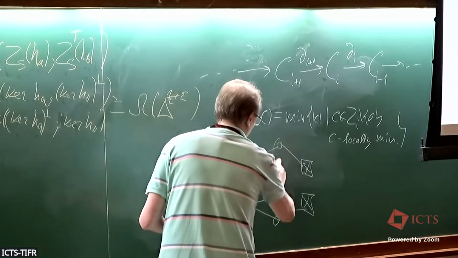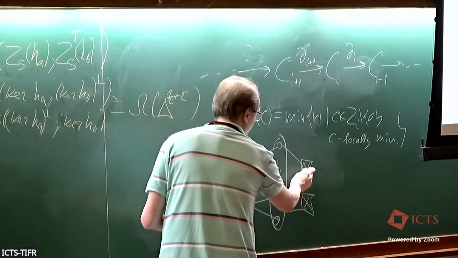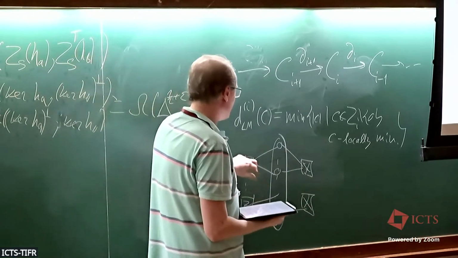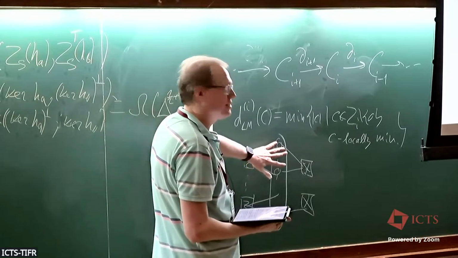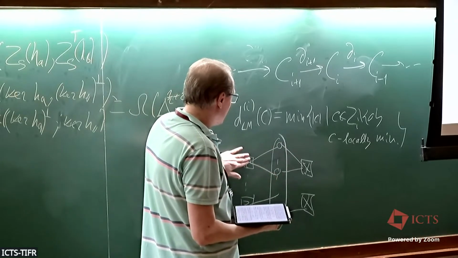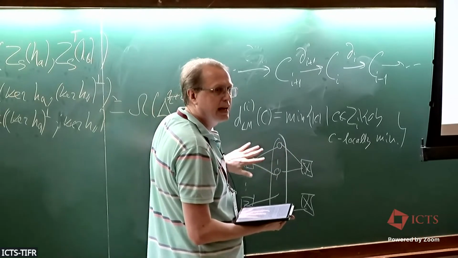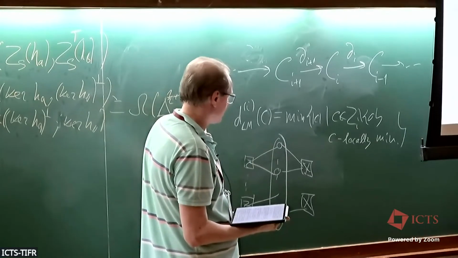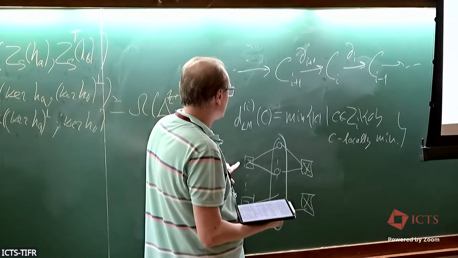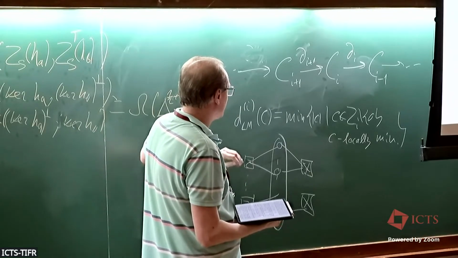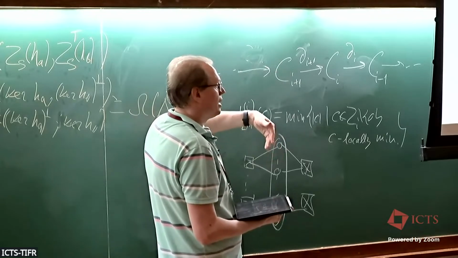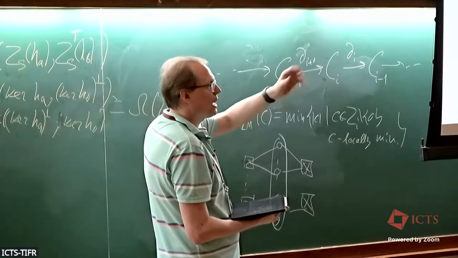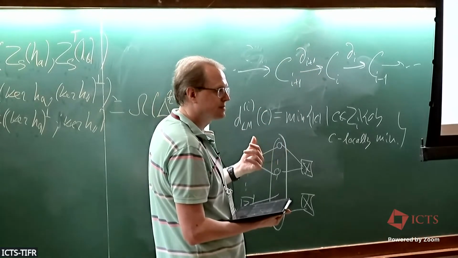Here we have our code word that satisfies all these checks, yes? And now we can try to add an element that corresponds to some simple boundary, corresponding to one vertex. So for example, in the case of the toric code, we can try to add some square, yes? Some elementary object.